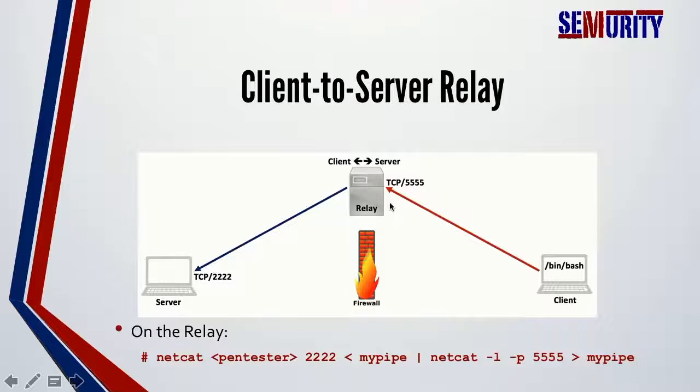And the way to do this now is, instead of starting with Netcat as a server, as in the previous type, we're gonna start with Netcat as a client in the beginning. So the first instance will connect to our machine on port 2222, and then the second instance will be a server listening on port 5555, receiving a connection from the client.